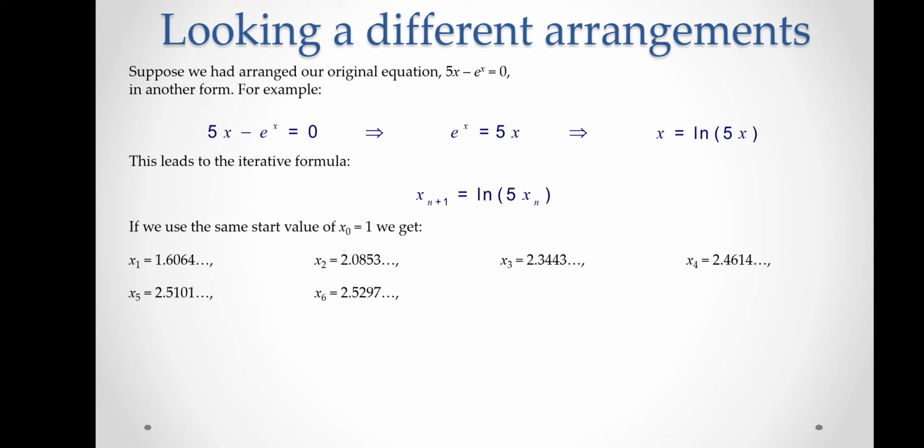So then you can see now x1 is 1.6064, x2 is 2.0853, x3 2.3443, x4 2.4614, x5 2.5101, x6 2.529, so x7 2.575, x8 2.5040, 2.51541, 2.5423, so like that.